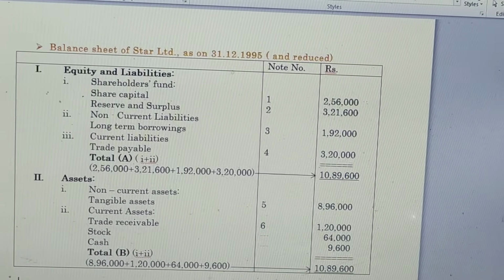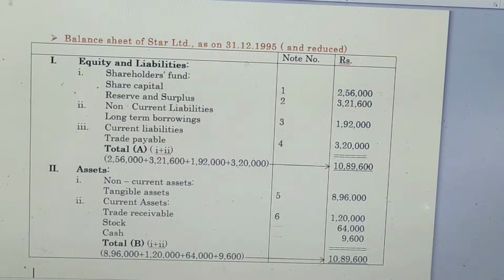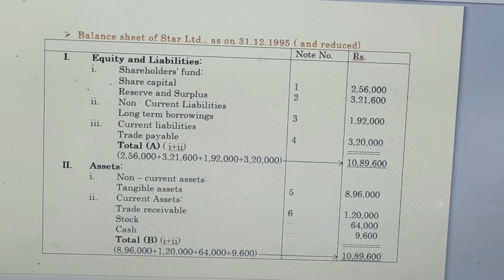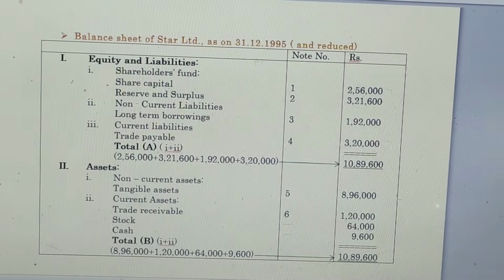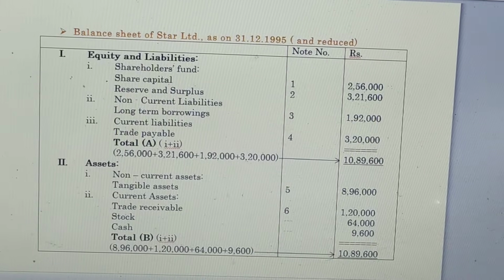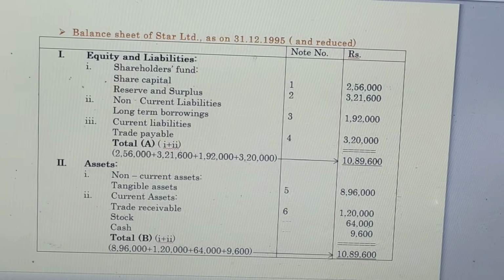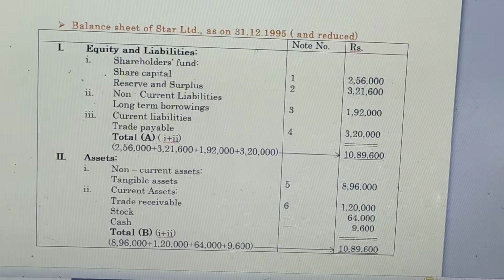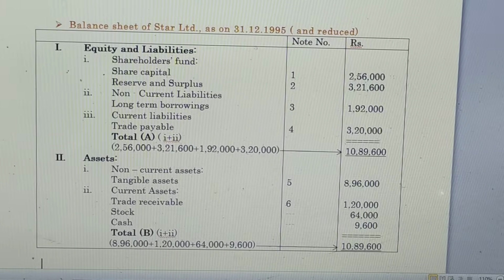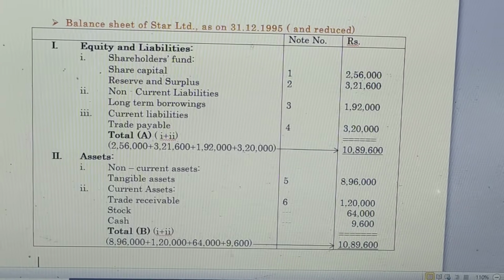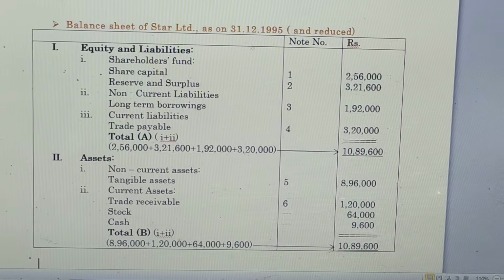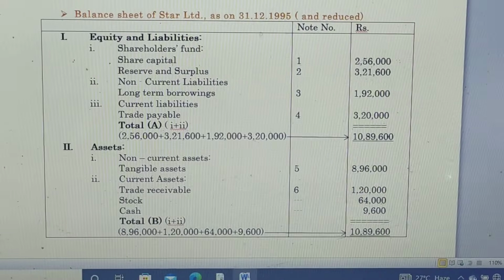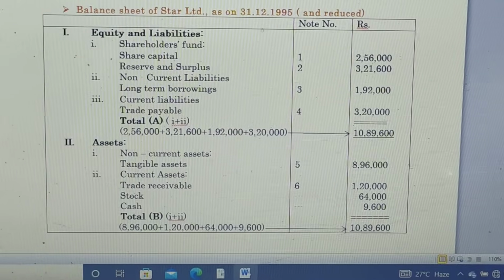And Roman numeral 2 is assets. Under the assets, we have to mention non-current assets. Under the non-current assets, we have to mention tangible assets. That is note number 5 heading. And number 5 will be mentioned in the note number column. And note number 5 total is 8,96,000, which we have to mention in the rupees column. And we have to mention the current assets. Under the current assets, we have to mention trade receivable.